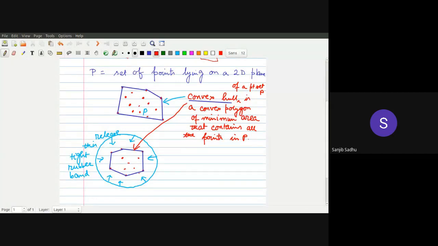Now, how can you compute the convex hull of a given point set? The point sets are given. So P is the set of points, say P1, P2, P3, up to Pn. N points are there, where Pi is denoted by two coordinates xi, yi: P1 x1 y1, P2 x2 y2, like this.